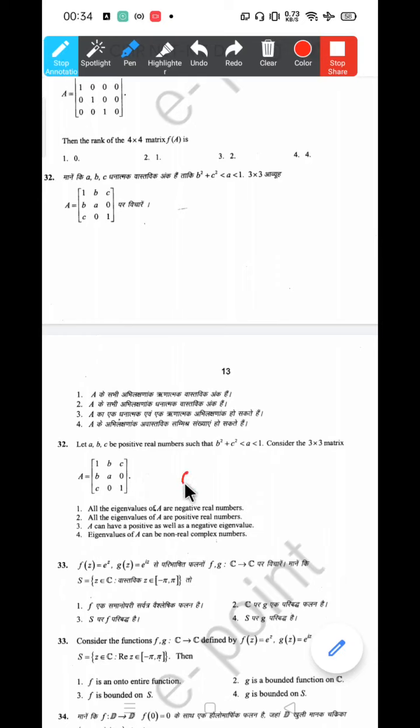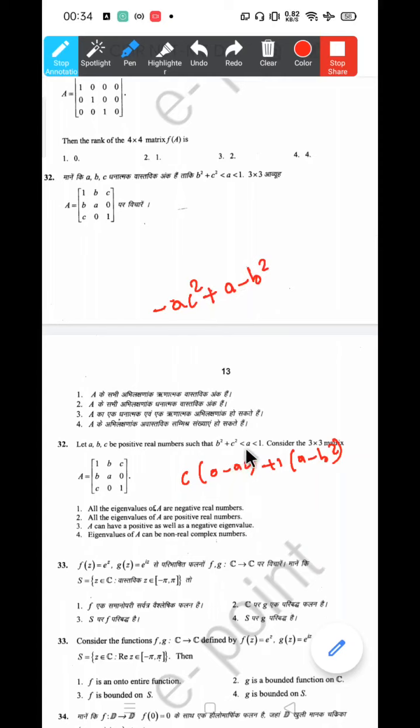Let us find it from the last row: C into, that is 0 minus AC, and the next term gone, plus 1 into A minus B square. So what I am having is minus AC square, plus A minus B square. Okay, what do we have?